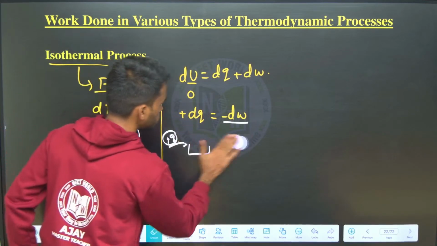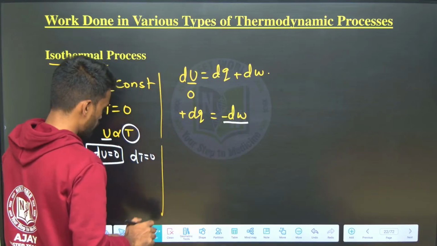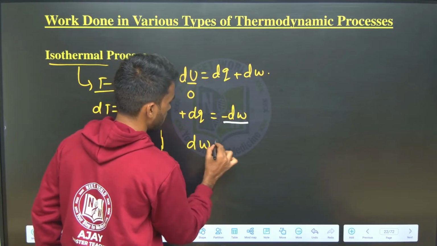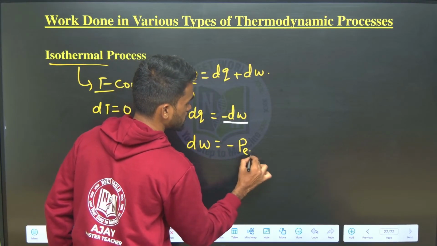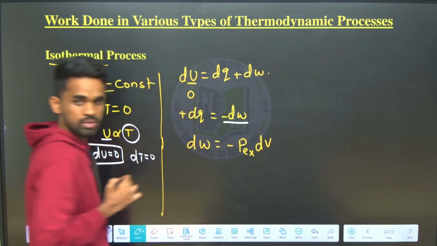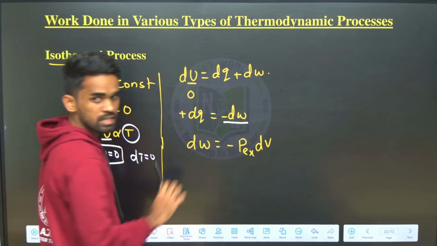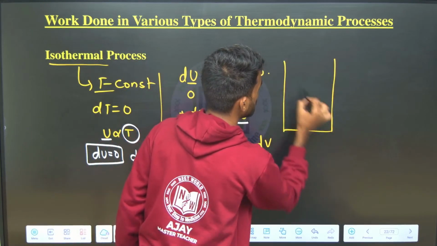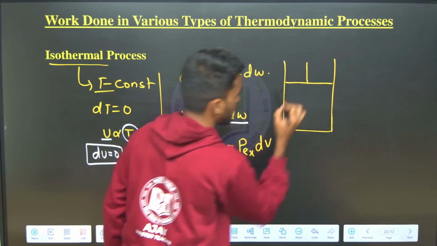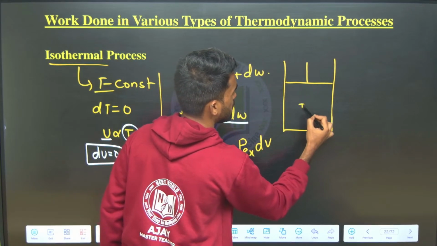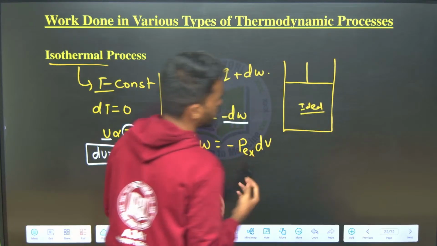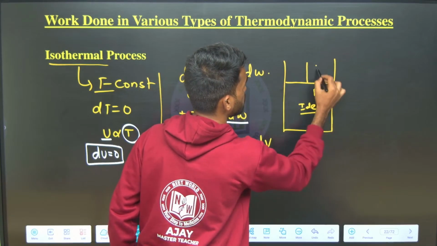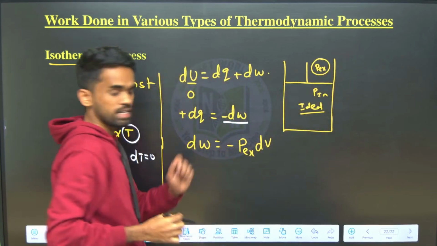Now dW, if I want pressure-volume work, what can I write? dW I have the formula: minus P external dV. dV means change in volume, V2 minus V1. For example, here we have a cylinder with a movable piston, and inside it I am taking some ideal gas, 1 mole or something. It will have some pressure; in the formula we are taking P external pressure.